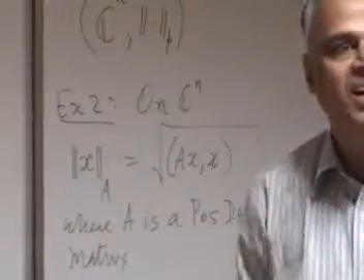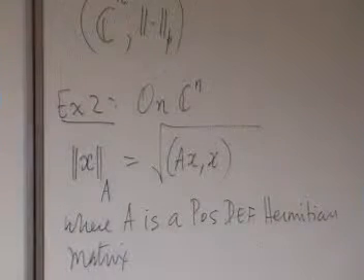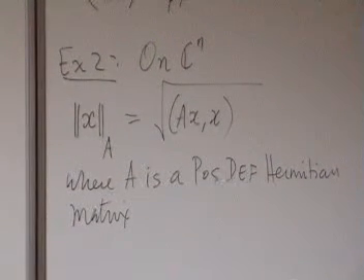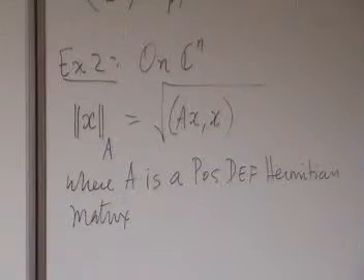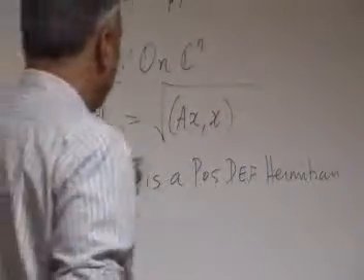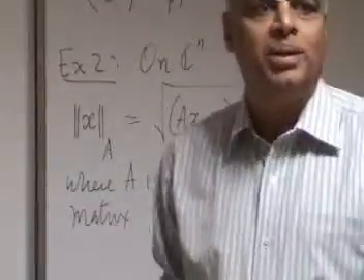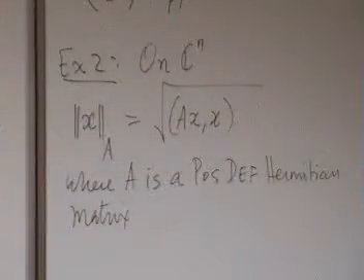This is another new norm. If you take A to be the identity matrix, you get this norm. But if you take a general positive definite matrix, you get a newer norm.